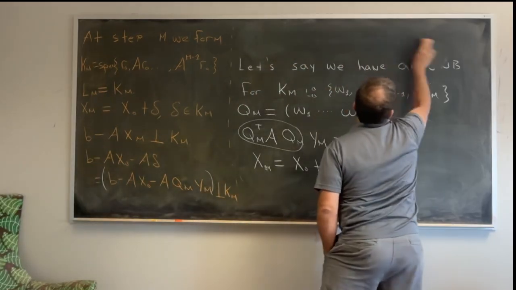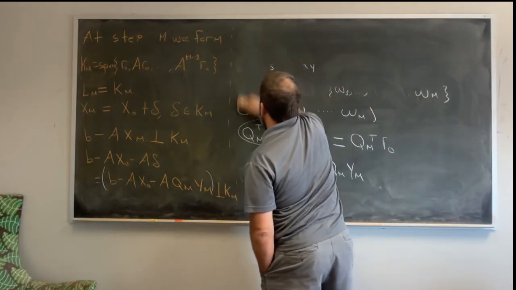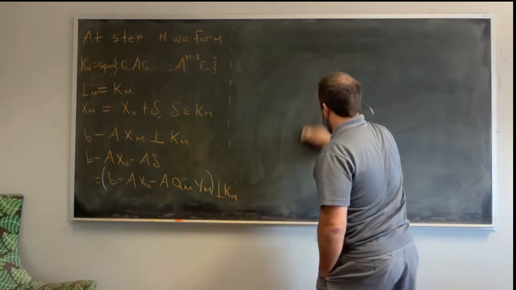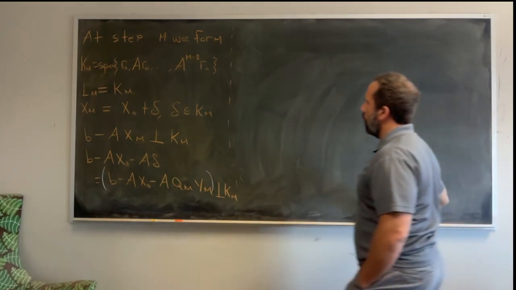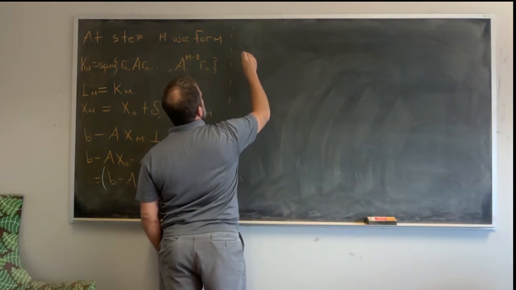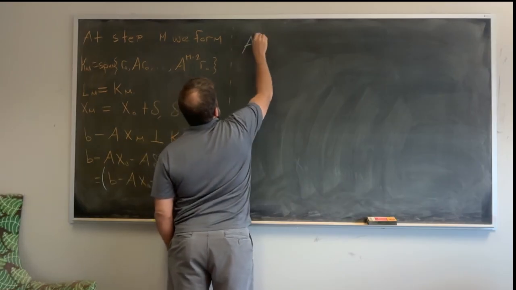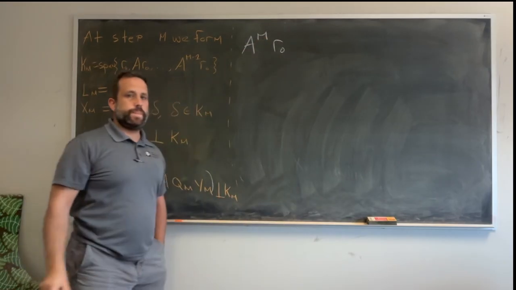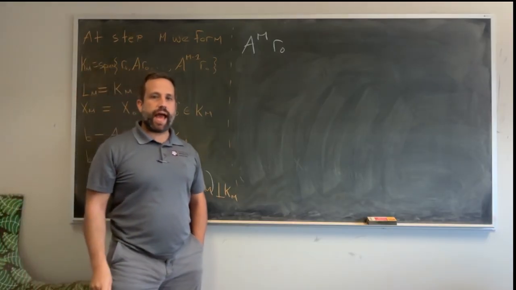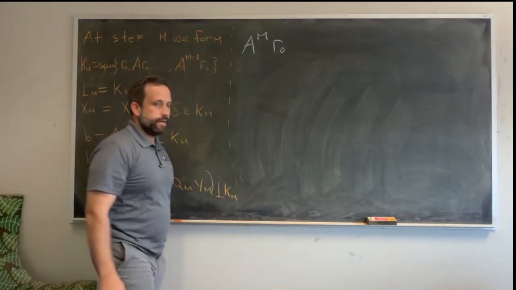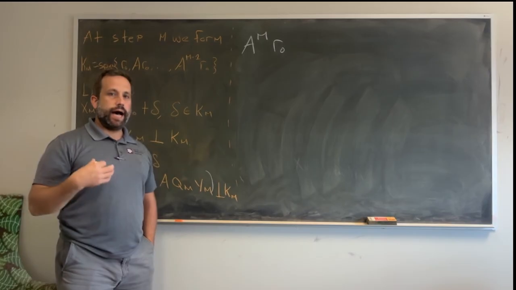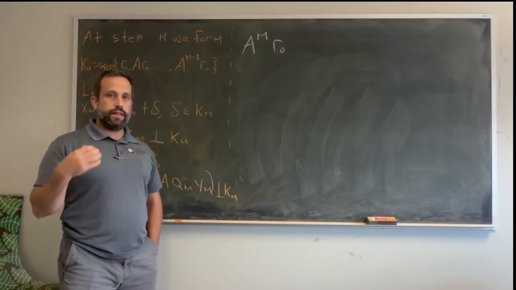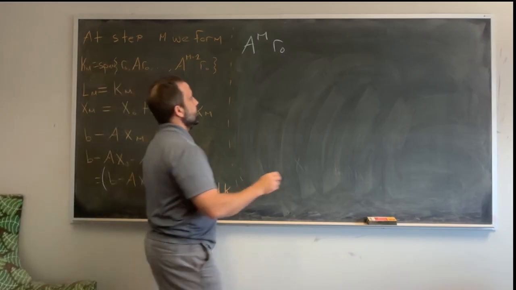So let's say that we want to compute A to the power of m times r0. Now let's assume that we can diagonalize A. In other words, if we're dealing in n dimensions, A has n linearly independent eigenvectors.